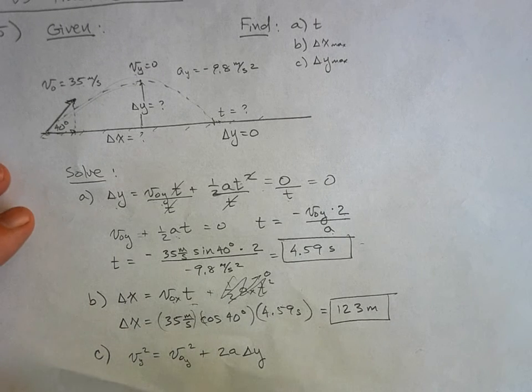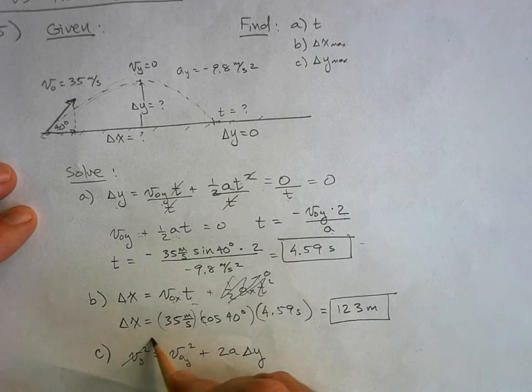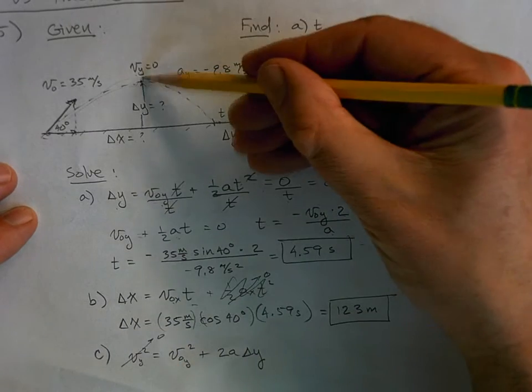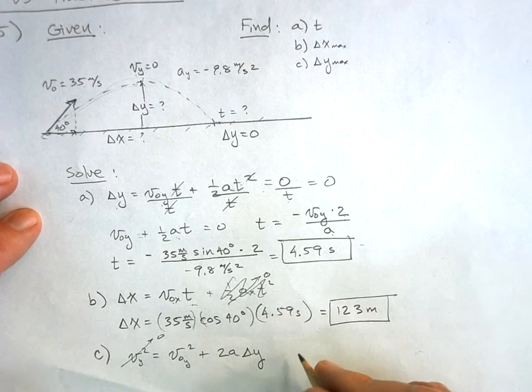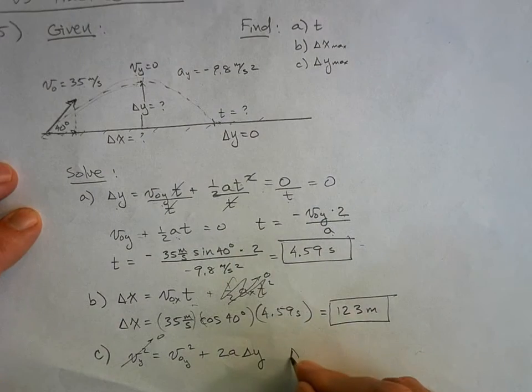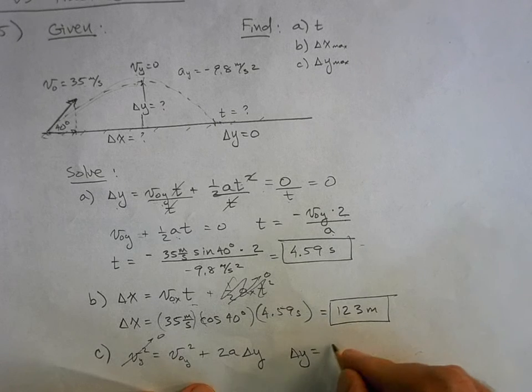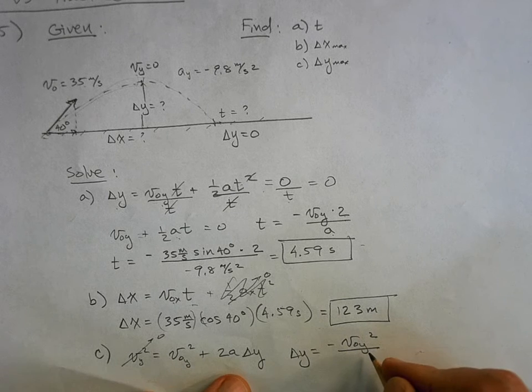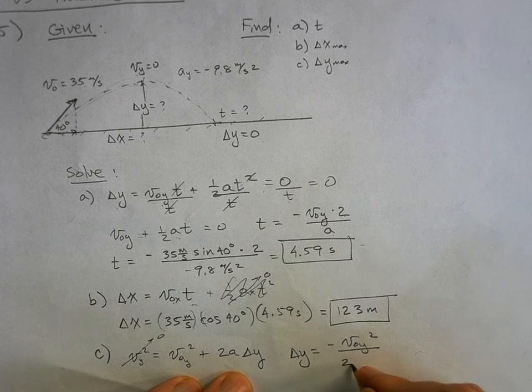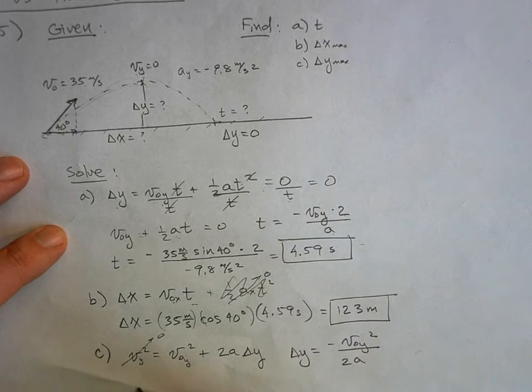And so I know that this is 0 when I'm halfway through. And so now I can solve for delta y. I'm going to do that in one step. It's negative v naught y squared over 2a. Now I can plug in my values.